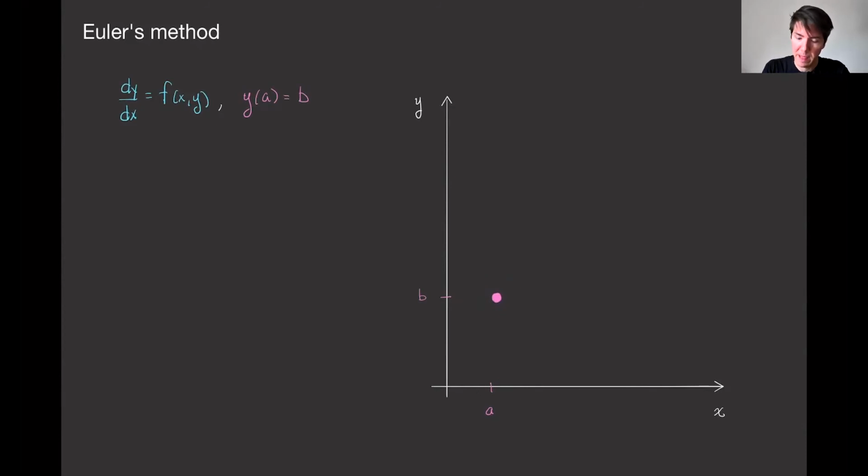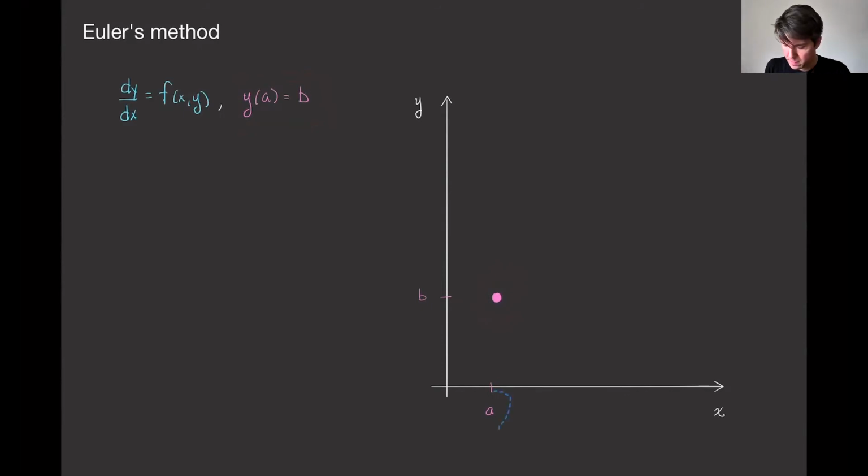It's where we start out, and it's a point that we know for sure is on the curve, because by definition, we want to find the solution curve, or an approximation for that curve, that passes through this point. So just by definition, it has to be exact.